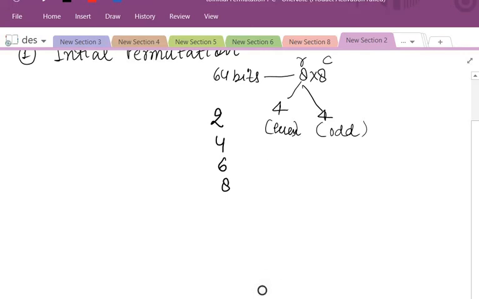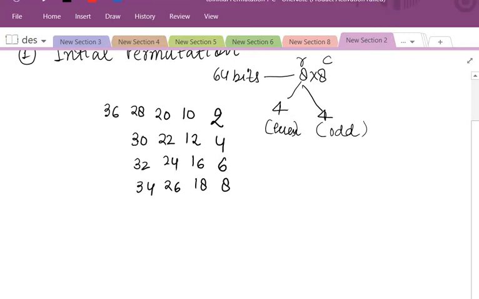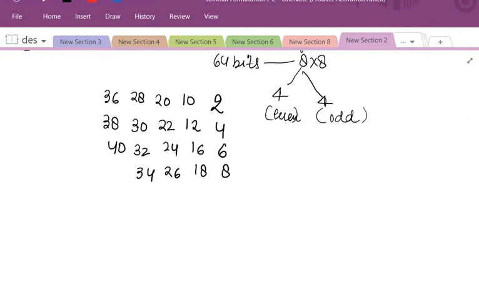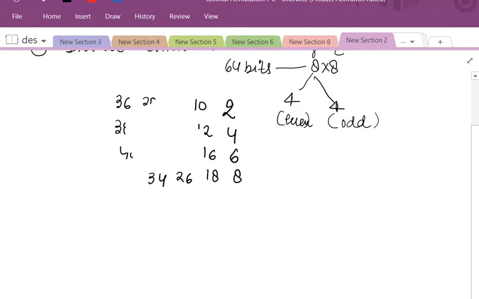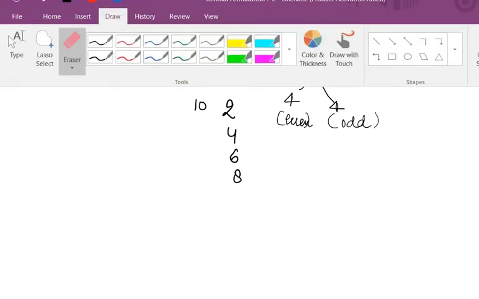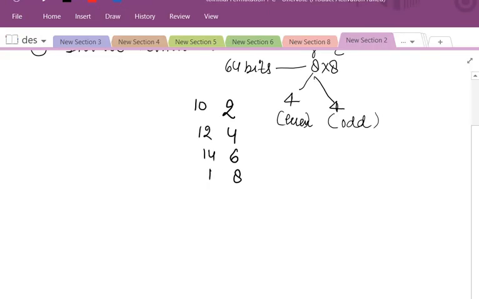So 2, 4, 6, 8. Now start from 10, 12, 14 and 16.